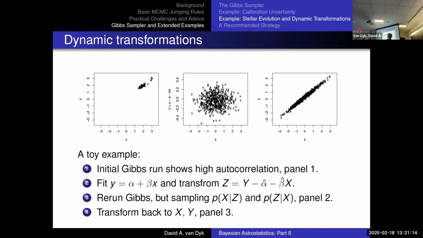So you're fitting a regression and you're looking at the residuals, the distance from the line, and that's the up and down axis. And here, because now the correlation is essentially zero, I can run a Markov chain sampler very easily, and then once I have the sample, I can transform back to the original y, and I very quickly get across the parameter space.